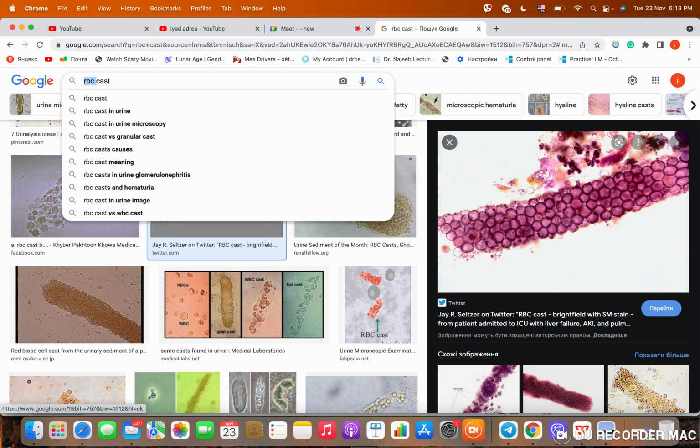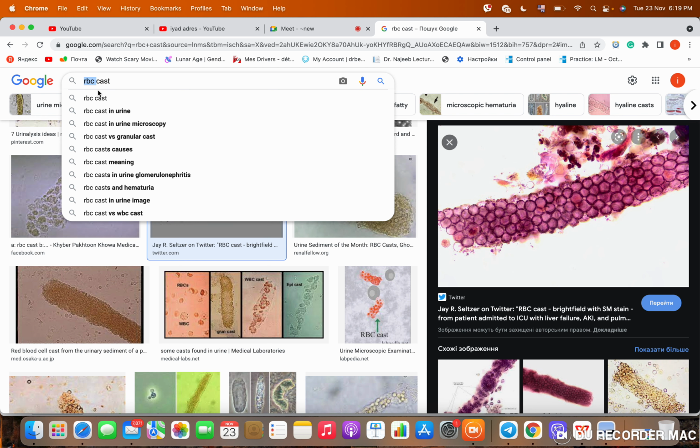So if someone has a lower urinary tract infection, will he have formation of these casts or not? Not. Exactly. He will not. Only if it was an exact pathology in the kidney itself and the tubules themselves.